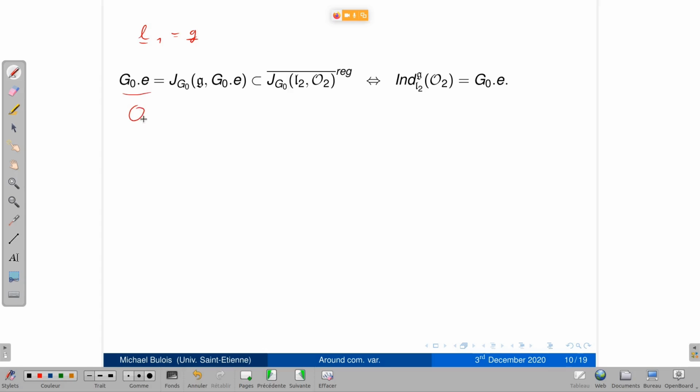And so this is our orbit, and our orbit is just a decomposition class here. And so saying that this orbit lies in the regular closure of this decomposition class, this is what we rewrite as an induction step.